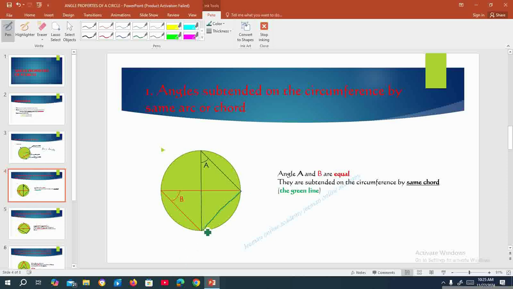And we can say that this chord is subtending these two angles, angle A and angle B, on the circumference of this circle and on this segment here. Because these angles are made on the circumference by the same chord or by this same arc here, we say that angle A will be equal to angle B. Reason being, they are subtended on the circumference by the same chord.